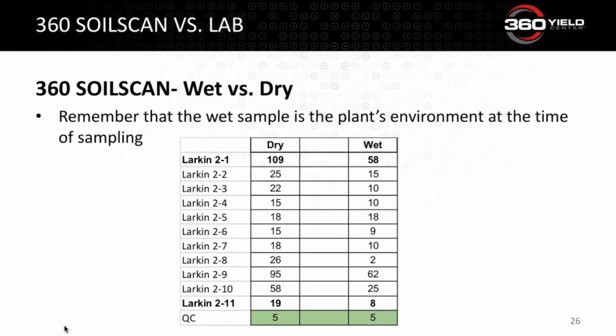Interestingly enough, and QC, by the way, means quality control check, if you look at all these comparisons, the prior slide and this slide, 100% of the time, when we processed those samples, in other words, ground them up and warmed them slowly, the differences showed up in those samples.